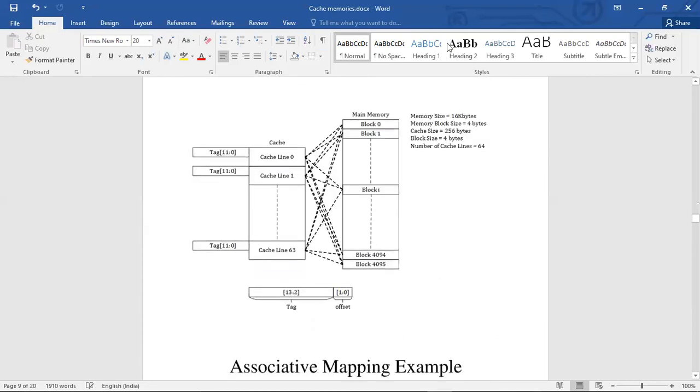You can observe this in the diagram, block 0 and block 1. In direct mapping, each and every block may be associated with cache lines. The user is trying to access one block, but entire blocks are mapped onto the cache. That's the main disadvantage in direct mapping.